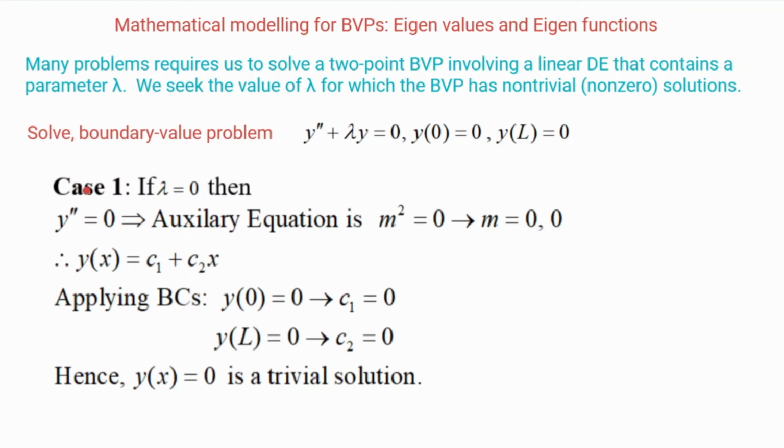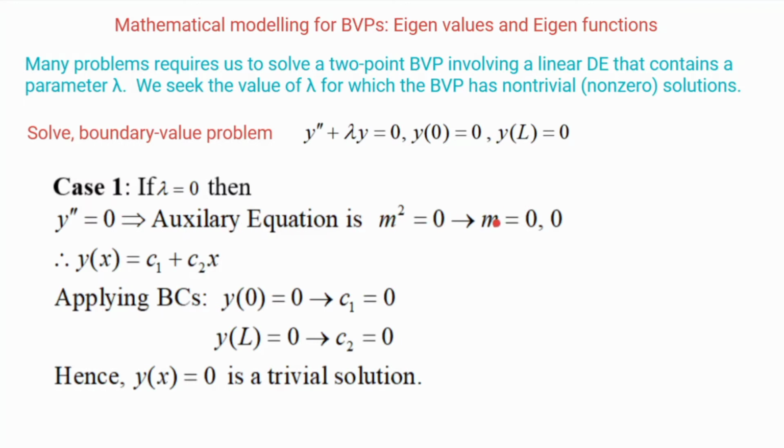The first case is lambda equal to 0. When we consider lambda equal to 0, then the given differential equation becomes y double prime equal to 0. This is a homogeneous second order linear differential equation. We can apply the auxiliary equation m square equal to 0.